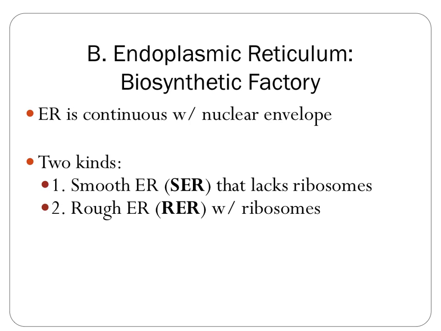The rough ER is rough because it's studded with ribosomes. And ribosomes, we talked about, they make proteins. And so rough ER is basically a protein factory. Proteins get made by the ribosomes and fed into this membrane system of the ER.